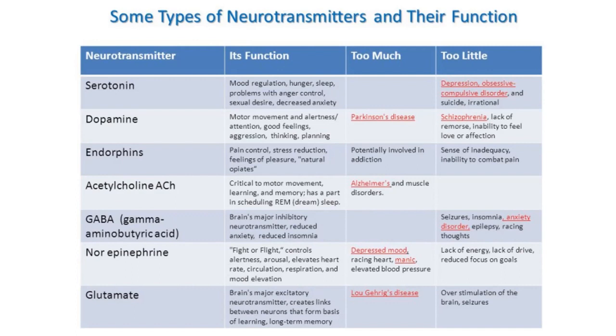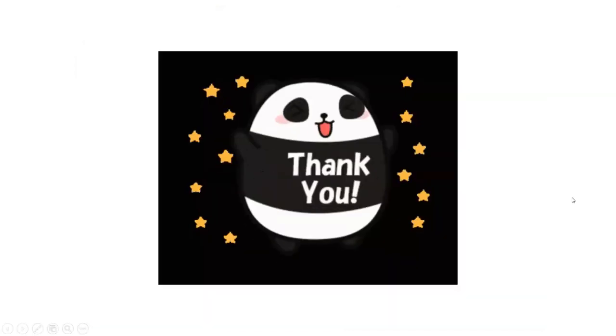Then glutamate, its function is to create links between neurons that form the basis of learning, long-term memory. If it is too much, it leads to low-grade disease. If it is too little, it can cause overstimulation of the brain, seizures. So again, we revise this again.